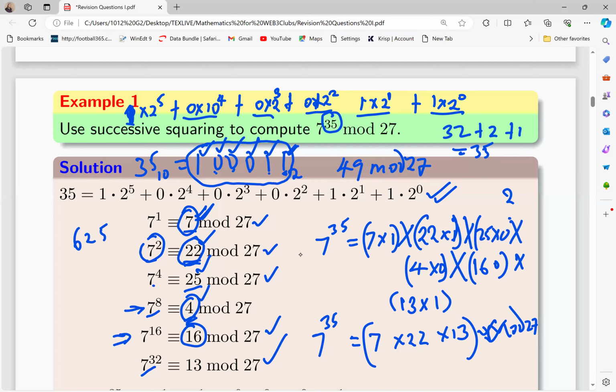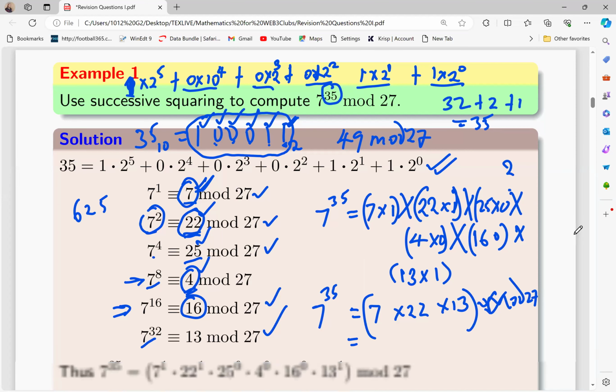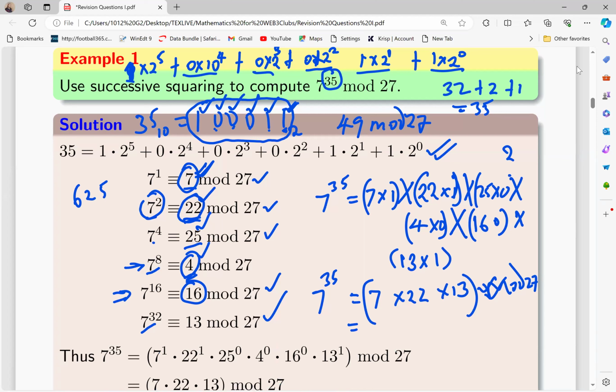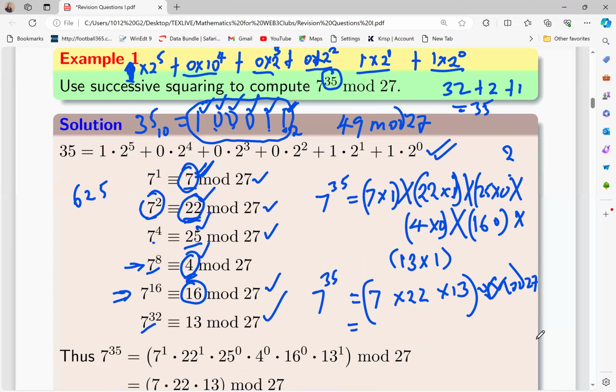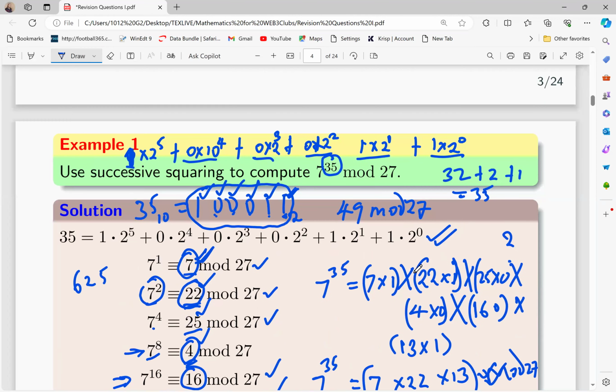Just multiply for me, 2,000 and something, and divide by 27 and give me the remainder. The remainder before, is that okay?